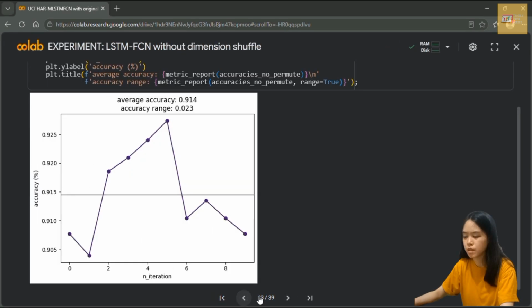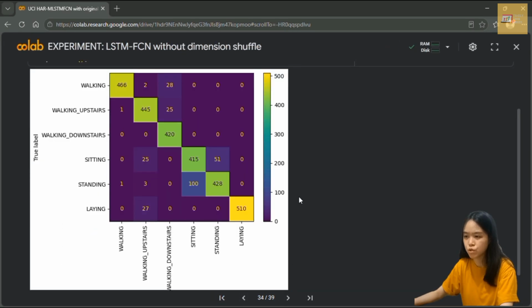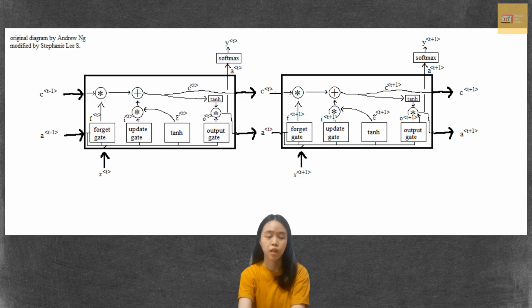But what I want to say is that even though the dimension shuffling in the LSTM might feel counterintuitive, it actually works. To understand better why permutation works, we have to look back to LSTM. So LSTM is a recurrent network, right? The neurons are chained, and the output of the first neuron would be the input of the next one.